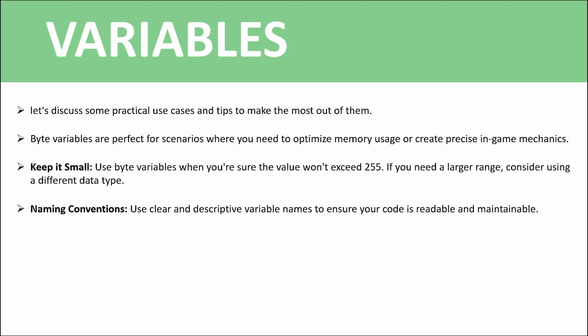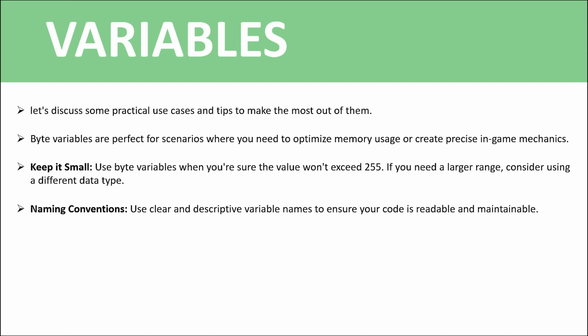If you need a larger range, consider using a different data type like int. Naming conventions: use clear and descriptive variable names to ensure your code is readable and maintainable. So it's more like a tip. Now, that's the definition and the theory behind the byte variable.